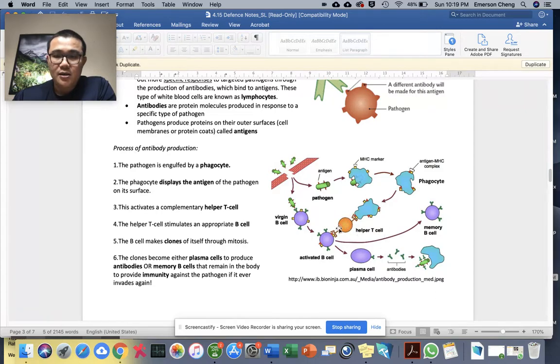The helper T cell is actually very important. The helper T cell activates the B cell. So this part is actually for the activation purpose. Without it, it won't work.